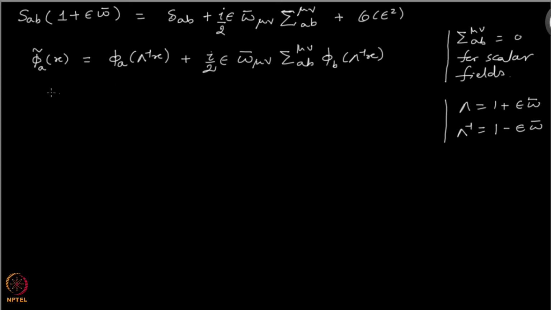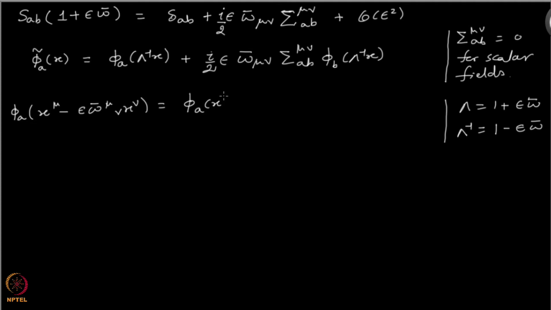So, I can write phi a of lambda inverse x would be x mu minus epsilon omega bar mu nu x nu, and that is the transformed field. So, if you put epsilon equal to 0, you are at x mu. So, now it is easy, I do a Taylor expansion.